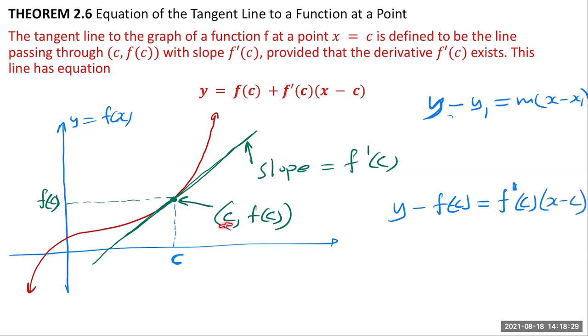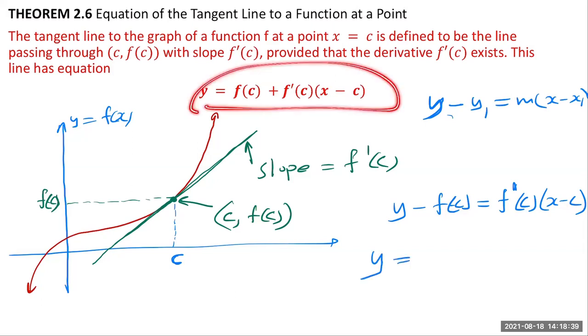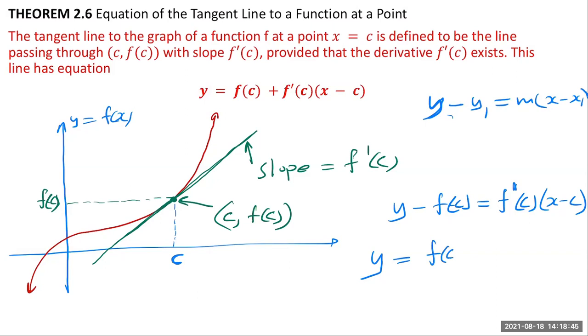This point is (c, f(c)), which means your y1 is f of c and your x1 is c. If I simplify this, I get this equation. That is the equation of the tangent to f of x at x equals c: y = f(c) + f'(c)(x - c). Okay, so that's the idea. Let's move on.